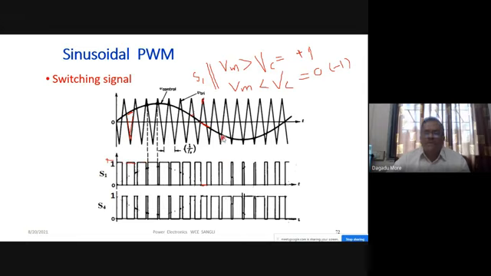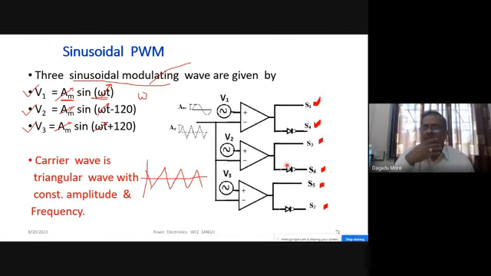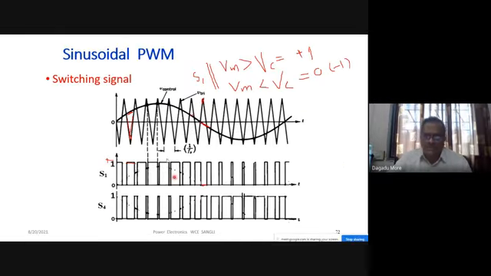Where for more of the period, our modulating wave is less than Vc, the output will be a 0. So this is a switching signal we can obtain for device S1. Then how to get the switching signal for S4? The switching signal for S4 is just the inverted signal of S1. So we just inverted it. You can say it is for S1 and S4.